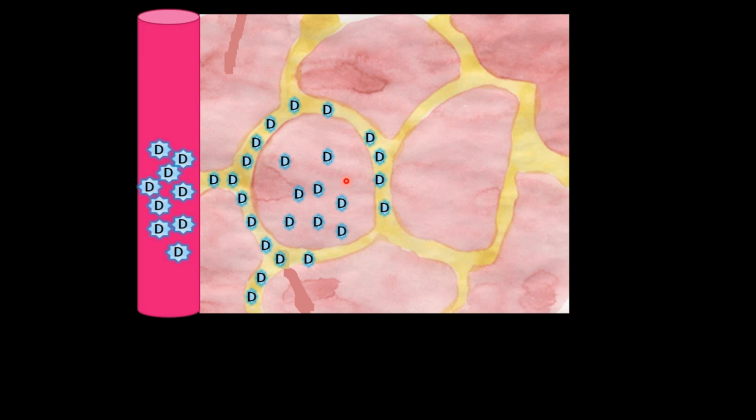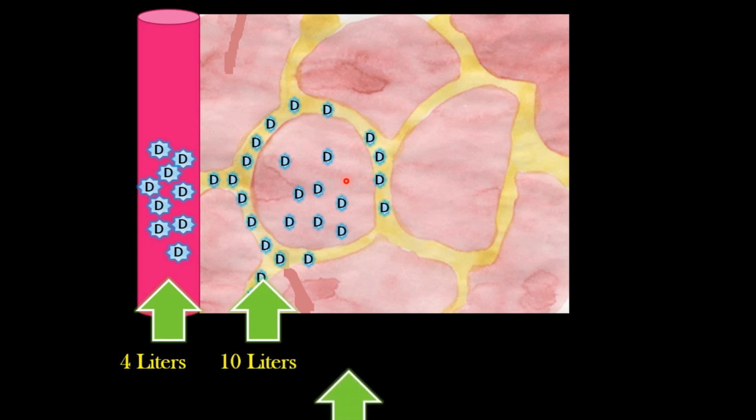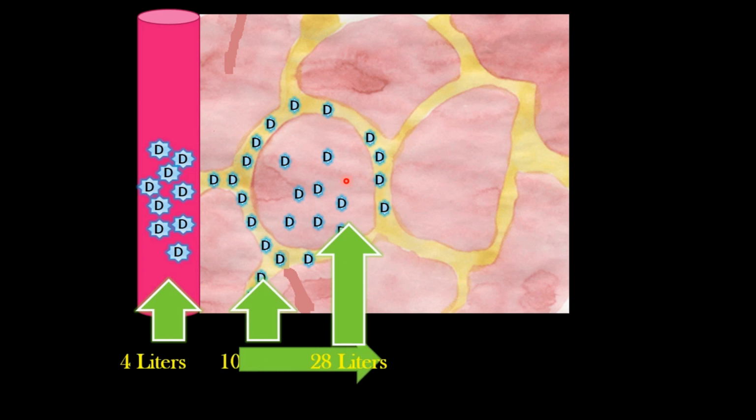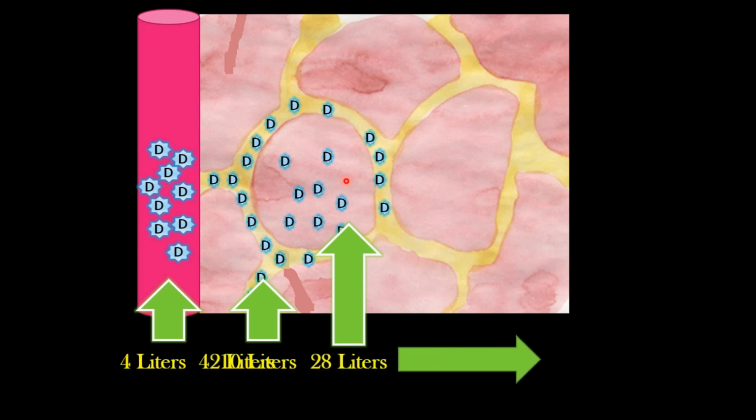First it goes to plasma, 4 liters, then the interstitial fluid compartment, 10 liters, and finally the intracellular fluid compartment, 28 liters. So the total volume of distribution of this drug is 42 liters, in a normal person of 70 kg.